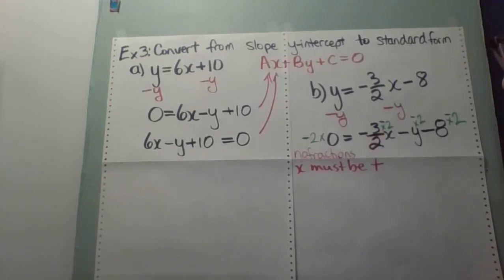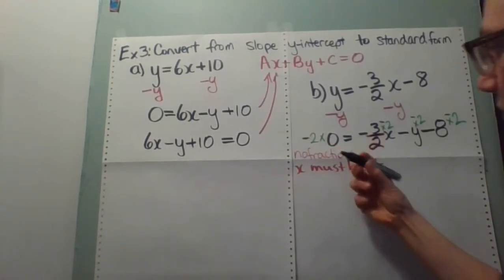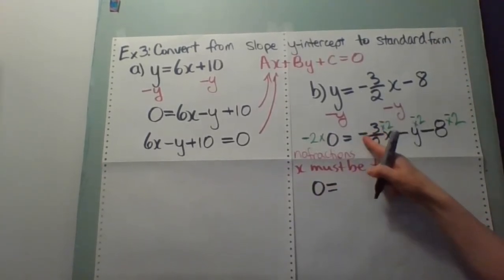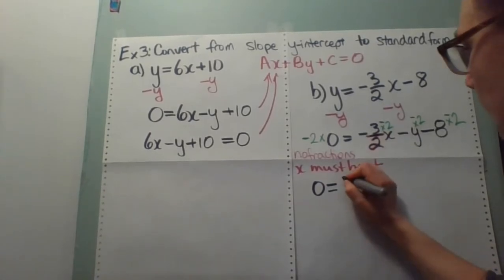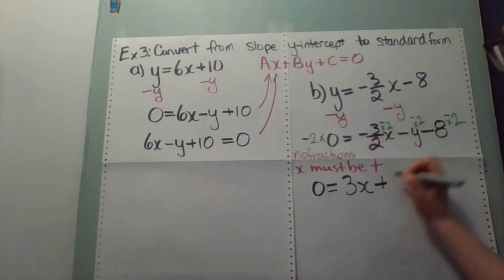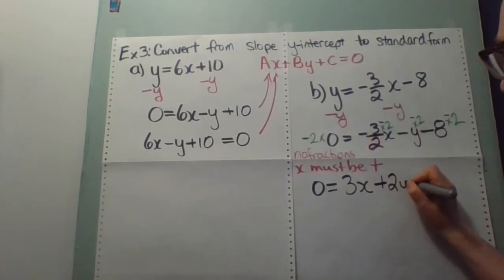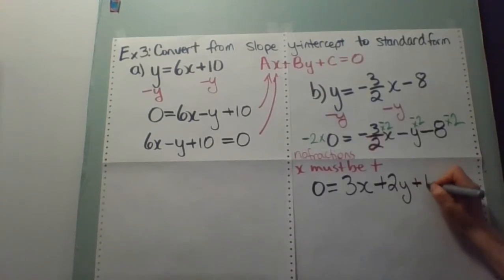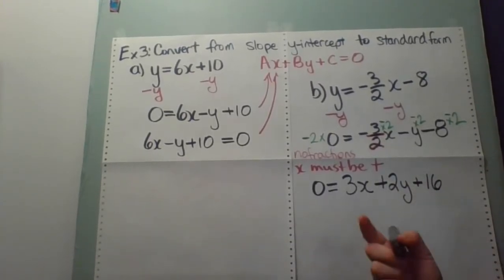Okay, so what does that look like? Well, anything times 0 is still 0 equals, the negatives cancel out, the 2's cancel out, so I'm now left with 3x. Negative times a negative gives me a plus 2 times y, so 2y. Negative 8 times negative 2 gives me positive 16. And there you have it.